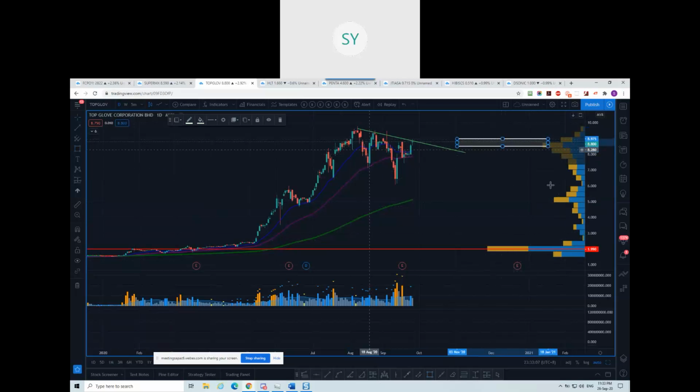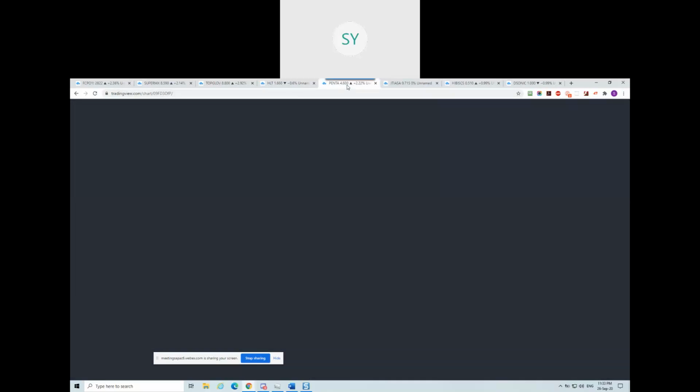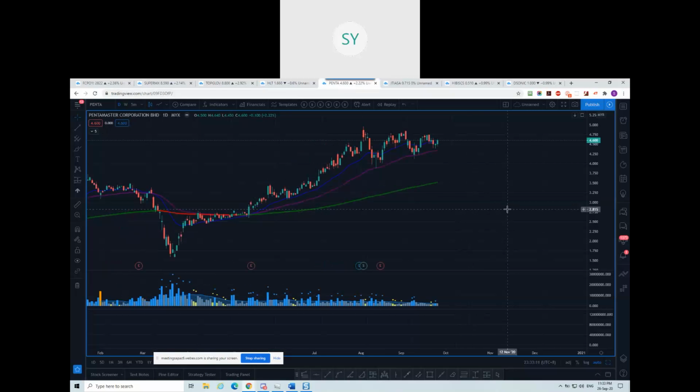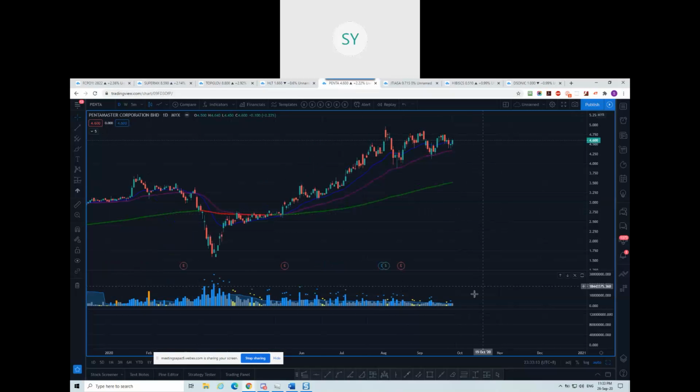No, that acts as a resistance. So price-wise, the price is moving sideways, like I discussed with Sam also. So maybe you will see a potential trade setup when it starts to move above this line.